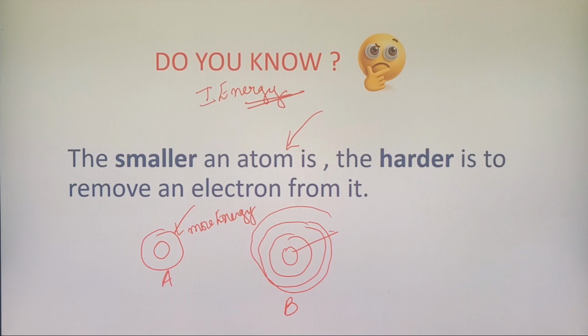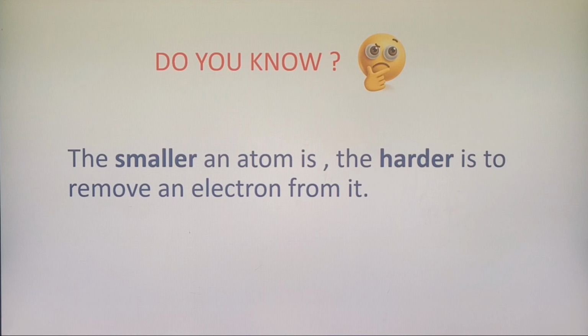And the more the number of shells, the less energy I have to provide to remove an electron from its outermost shell. Okay, so the smaller the atom, the harder it is, the more difficult it is to remove an electron. When I say it is difficult, that means you have to provide it with more amount of energy.